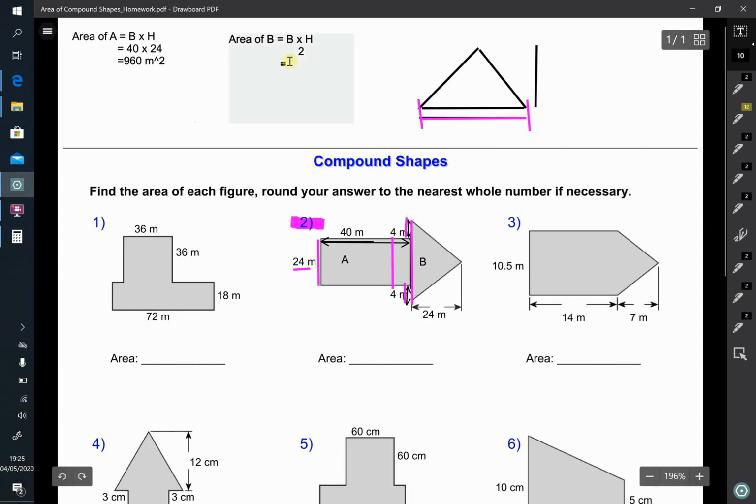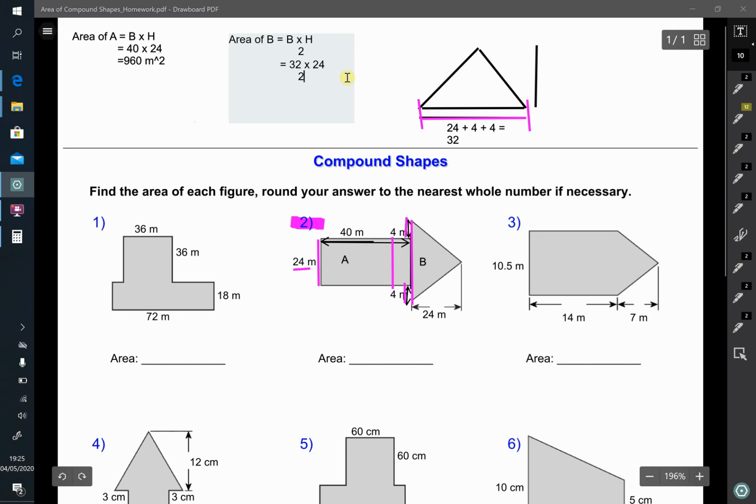So over here, the base is 32 times, this is easier, how high is it? 24, all right? This is the height. If you want, girls, you can turn it around. Remember how I told you during the lessons to use your colors to highlight which is the base and which is the height. So I would definitely go about it that way.